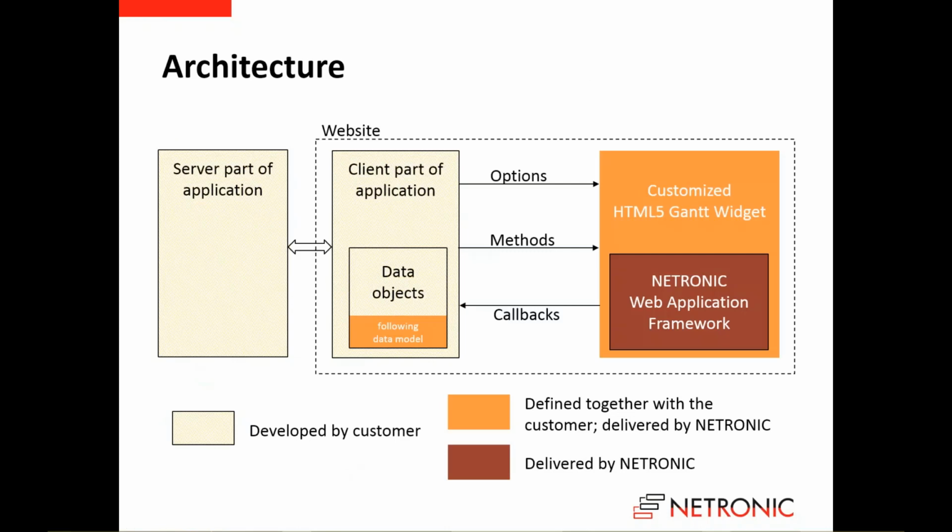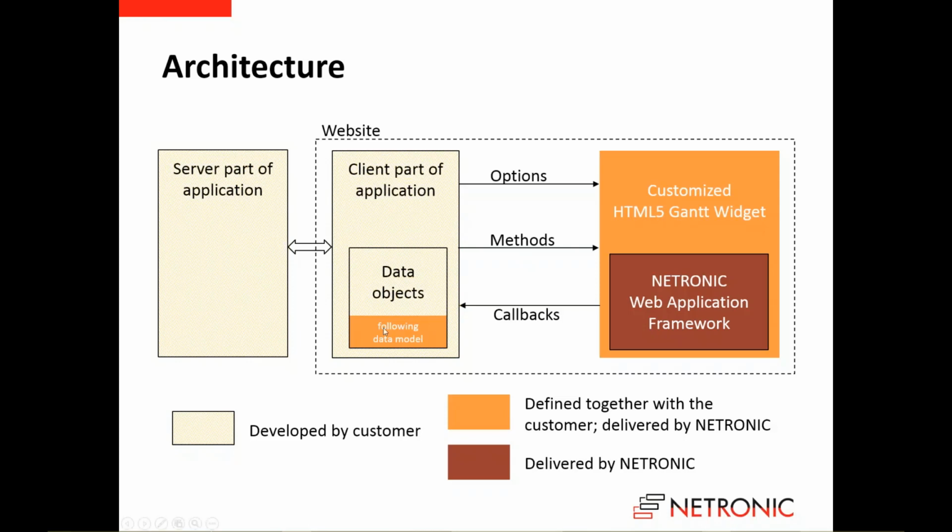Now we come to the architecture. We see here on the right side our NETRONIC web application framework, and in a layer above, we implement a customized HTML5 Gantt widget that is defined together with the customer and delivered by us. And here to the left of it, we see the client part of the application, which uses options, methods, and gets callbacks from this customized HTML Gantt widget.